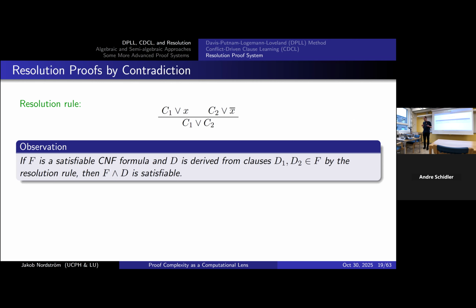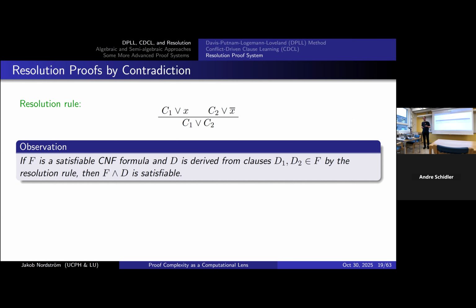Okay, now this is the resolution rule, and the observation is that if I start with the formula F and I don't know whether it's satisfiable or not, I can start deriving new clauses from it. If I derive a new clause by resolution on two previously derived clauses and add it, the formula with this new clause added is still satisfiable, because the new clause is semantically implied by previous clauses.